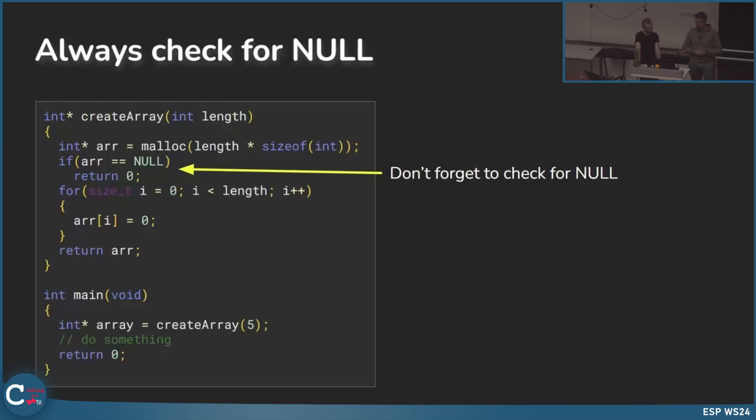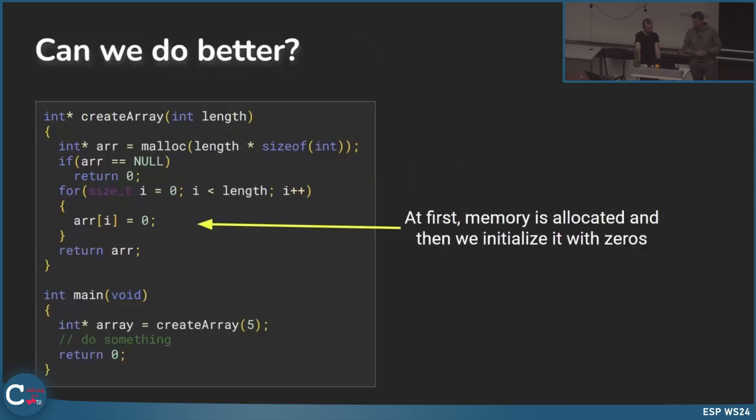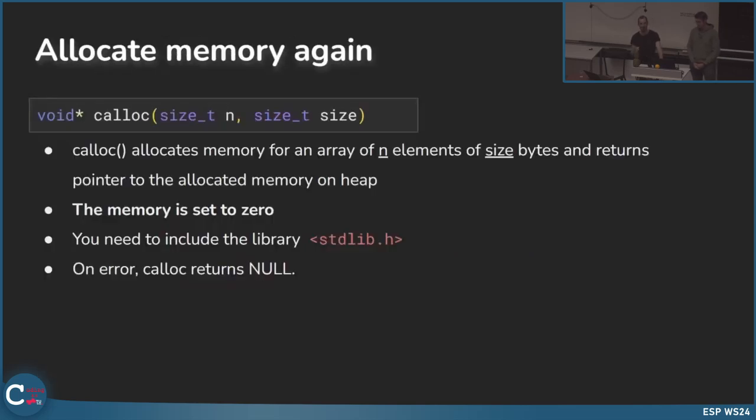So we can also improve this code again, because what we get returned from malloc is a pointer to a memory location on the heap with the size that we demanded here, and then we iterate through and set everything to 0 because we don't know what's there. And there is another very similar function which does that for us.